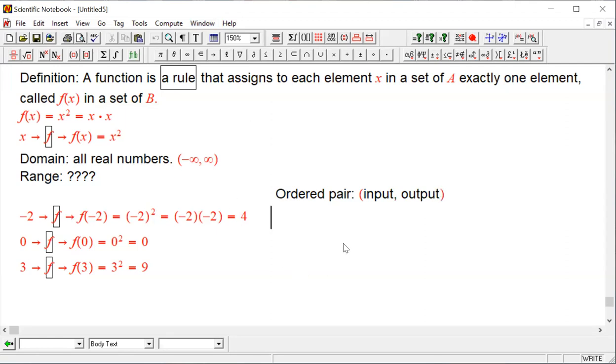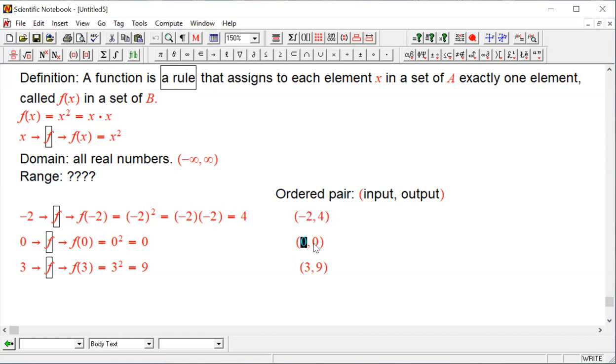Input, output. So now if the input is -2, the output is what? It is 4. When the input is 0, the output is 0. When the input is 3, the output is 9. You see, when input is negative, the output is positive.